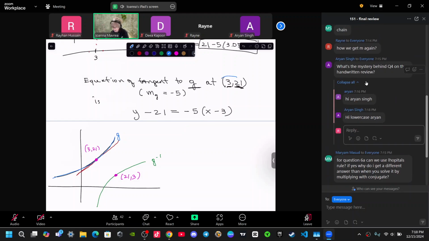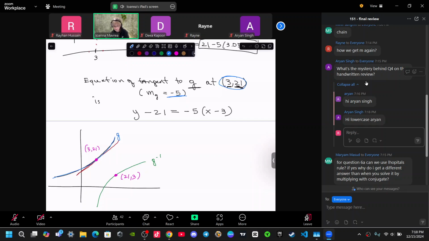Since I know I have this point on the graph of G, and the graph of G has this slope at that point, I can immediately find the corresponding point on the graph of G inverse. I can write the equation of the tangent line for G inverse at the corresponding point, and I know the slope.